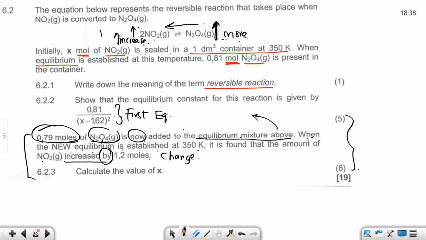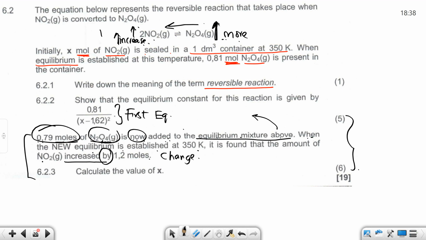We increased, it is now added. Then we leave it. It is the job of the system. Go back to Le Chatelier's principle. What's the principle again? When a system at equilibrium is disturbed.